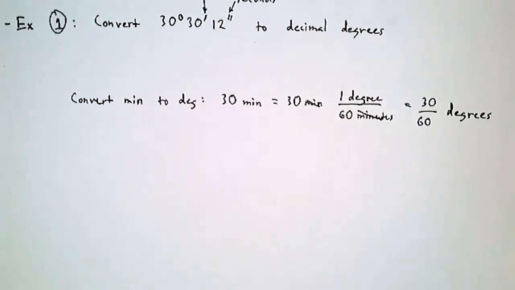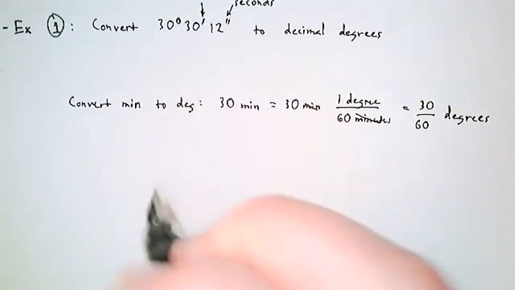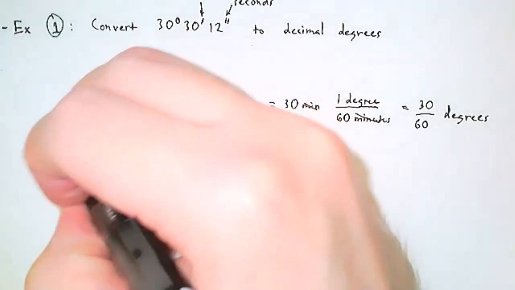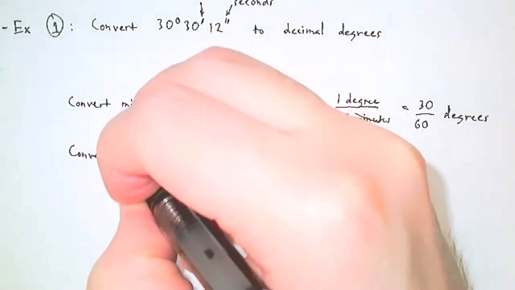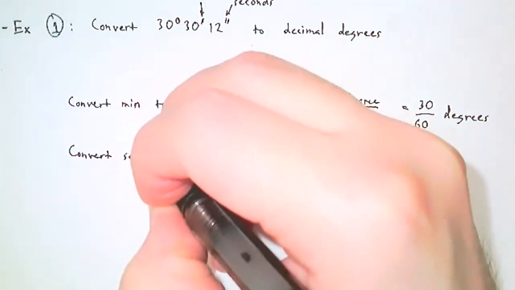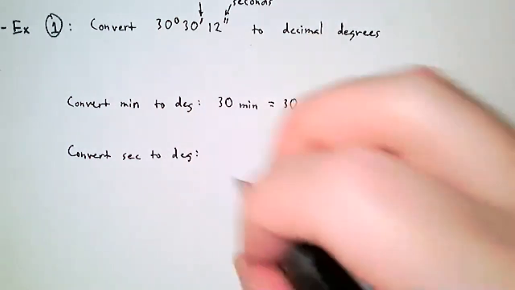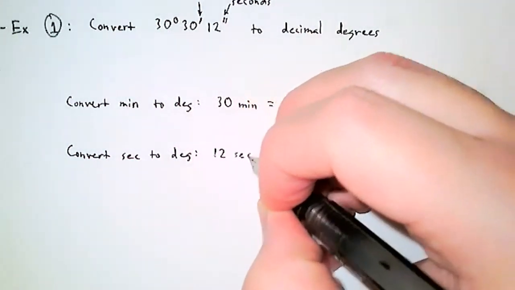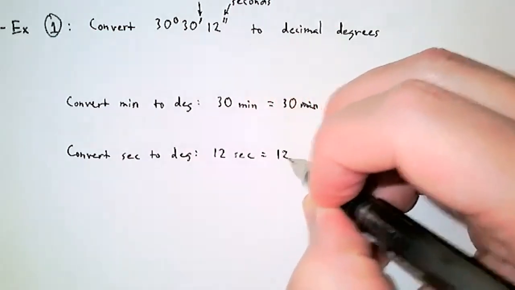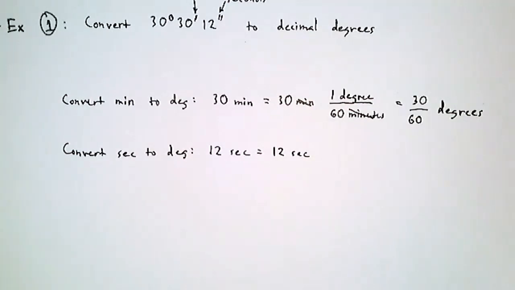And we'll do the same kind of thing to convert the seconds, the 12 seconds, to degrees. So we start with our 12 seconds. And then we use the relationship from a minute ago.